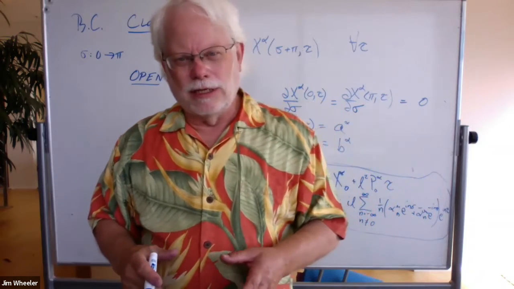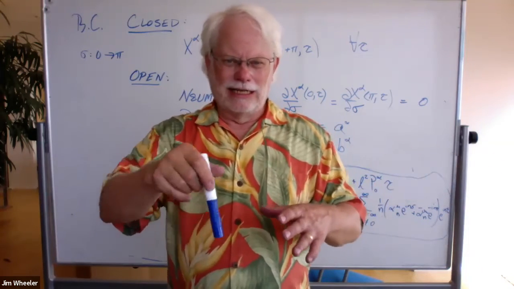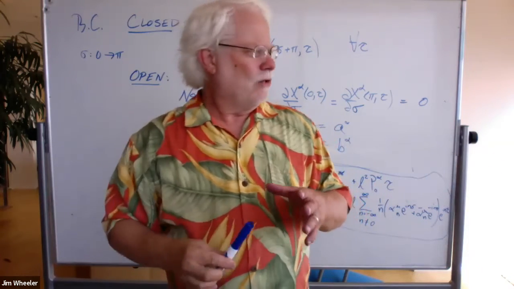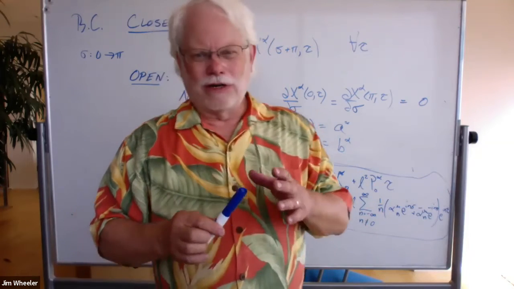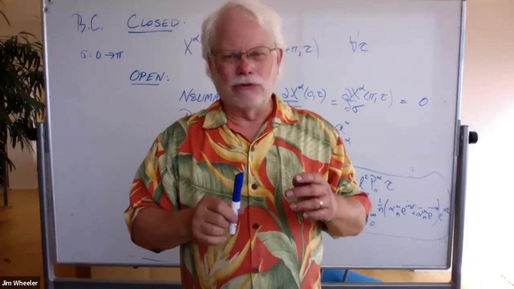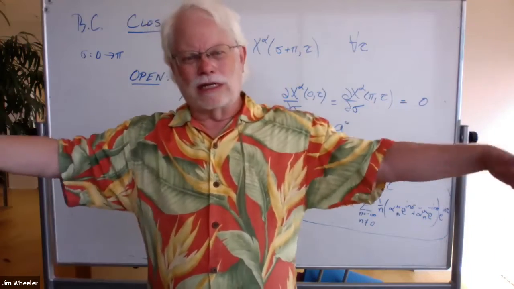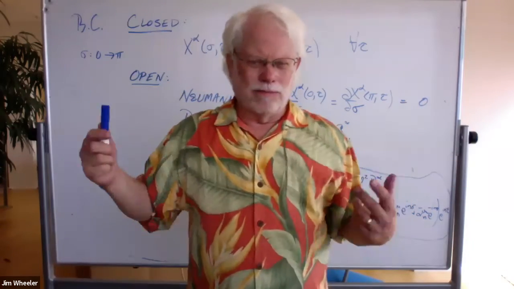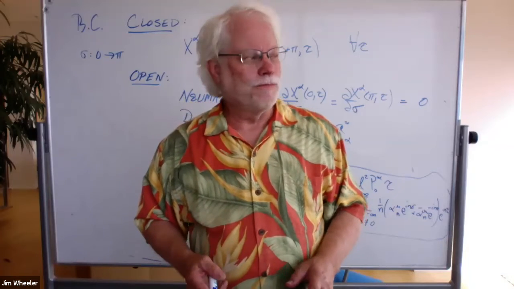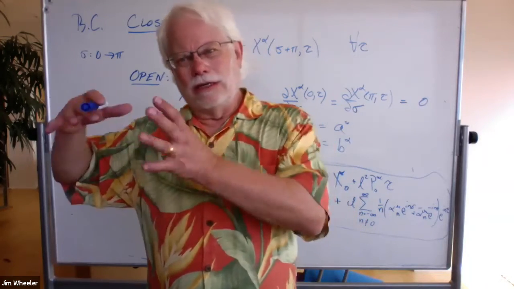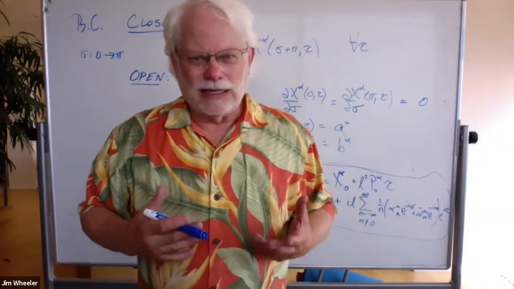It's possible to mix them, and Jackson does an example where you've got a plane with a hole in it, and in the region of the hole, you put a condition on the value of the potential, but out at great distances, you want a condition on the fields, and so you have some Neumann type condition on the derivatives of the potential. So for one part of the boundary, you've got Neumann. For another part of the boundary, you've got Dirichlet.